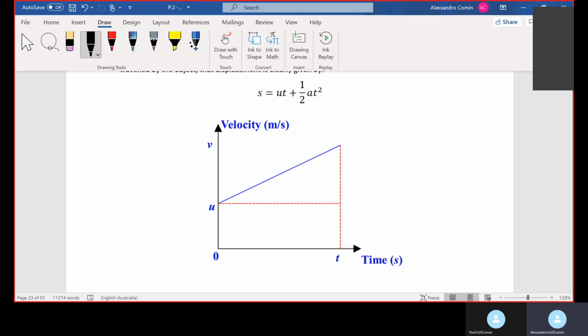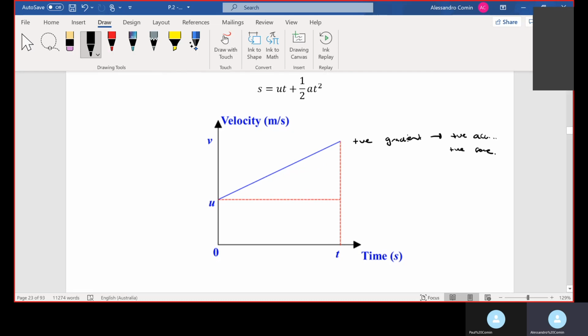So here we have a positive gradient, and that's going to result in a positive acceleration and a positive force. We can actually derive the Suvat equations through this method.